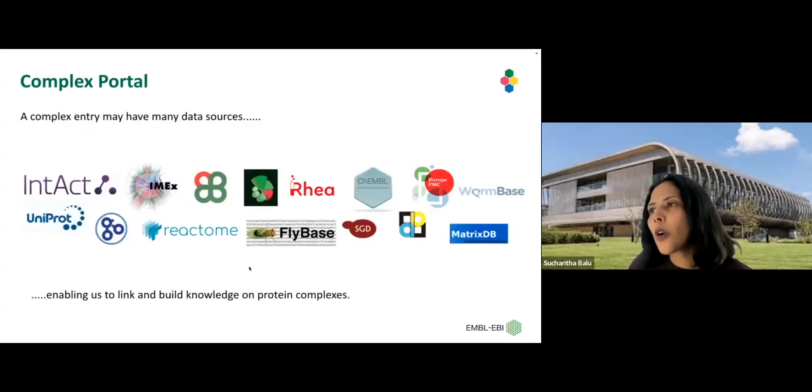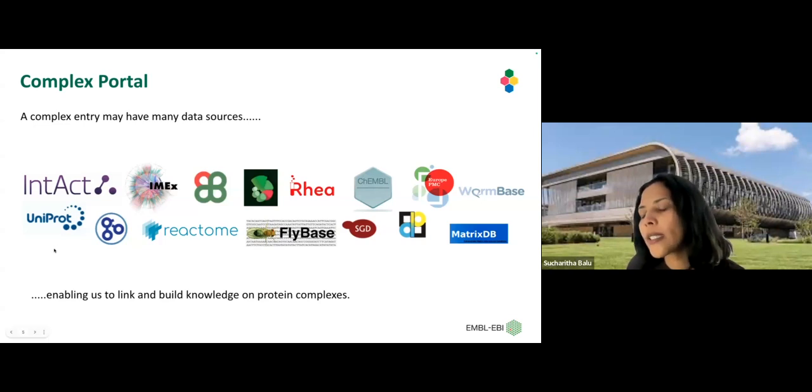All the complexes within the portal are tagged to many other identifiers from other resources, and you'll recognize the icons for many of these databases. For example, all of our protein components within the complexes are tagged with UniProt identifiers.